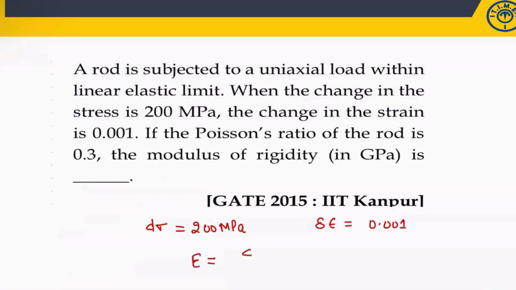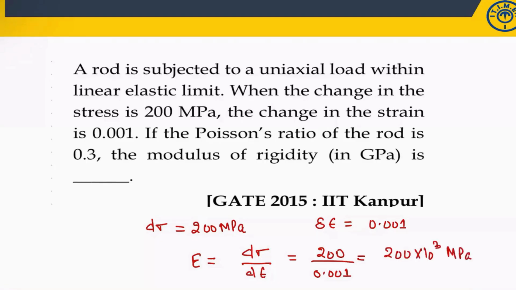The Young's modulus is change in stress by strain. So what is the change in stress? 200 divided by 0.001. So you can write 200 into 10 to the power of 3 megapascal, or you can write 200 gigapascal. I have written this 10 to the power of 3 megapascal in terms of gigapascal.